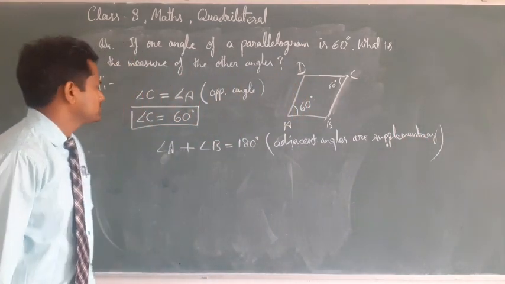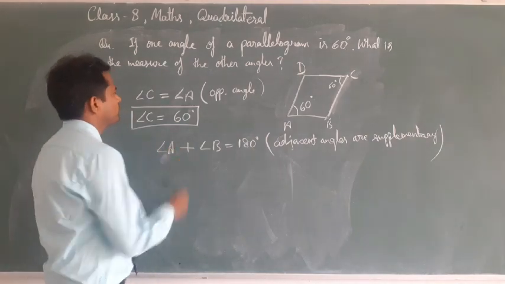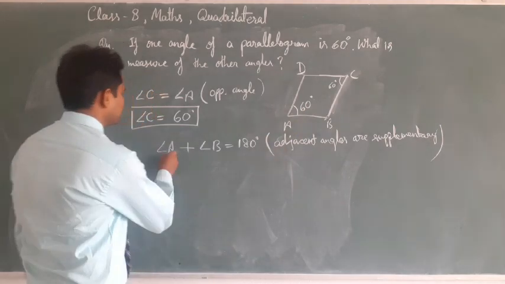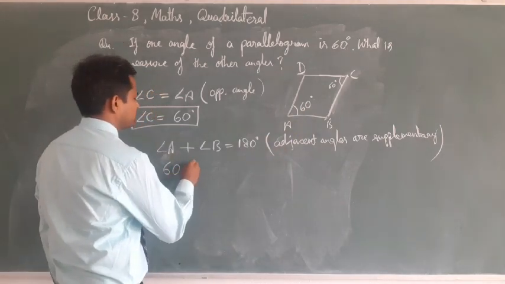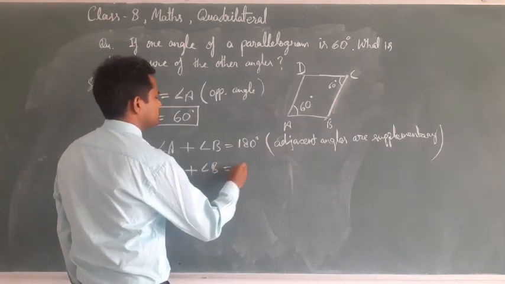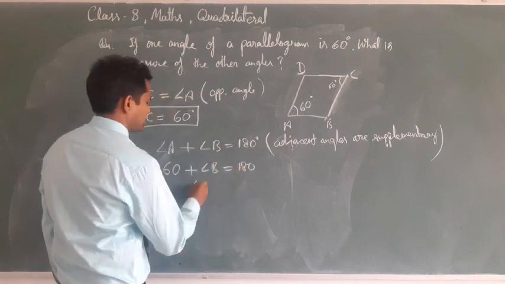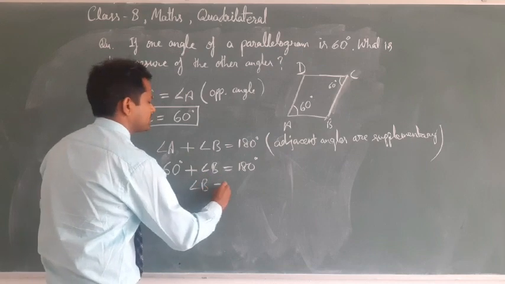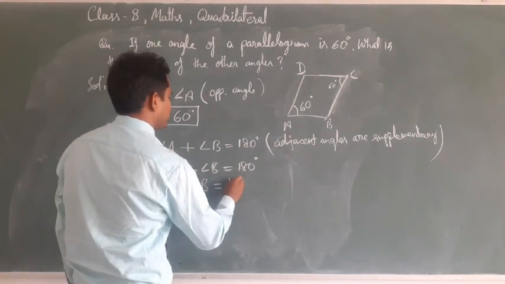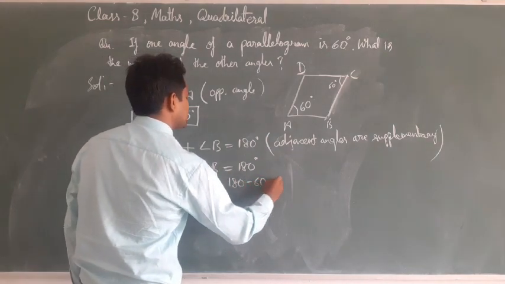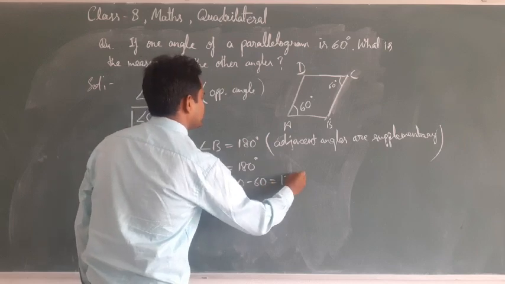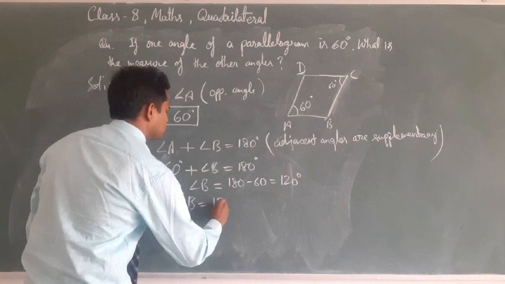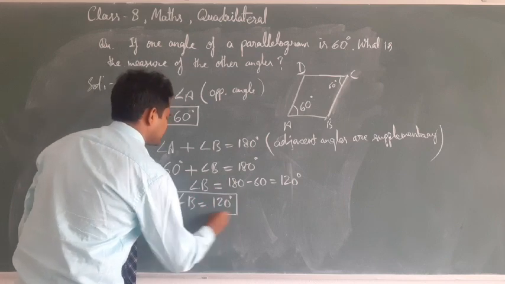Got it? The value of angle A is given, that is 60. Then put the value of angle A: 60 plus angle B is equal to 180. Now transpose 60 degrees to the right side, then we get angle B is equal to 180 minus 60, that is 120 degrees.